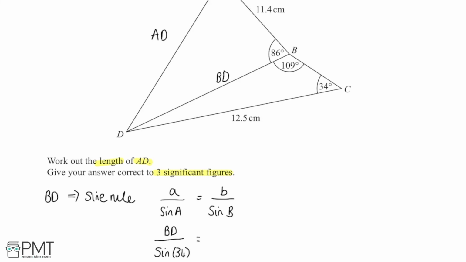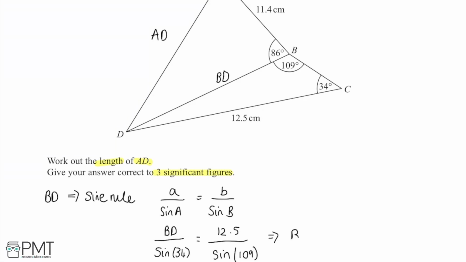And that's going to be equal to a different side length, so we can take this 12.5, divided by sine of the angle opposite this length, so the angle opposite DC is this one over here, 109 degrees, so sine of 109.